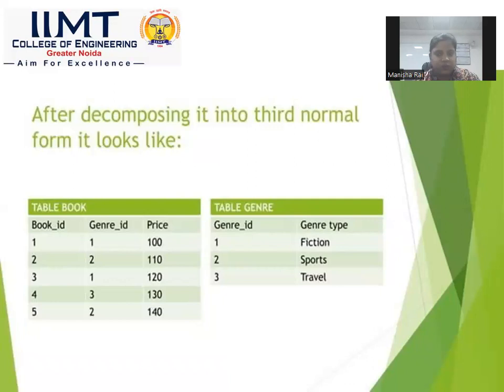In the first part, make an entry of the book, and in the second part, make an entry of the journal. In the first part, book ID will be our primary key, and in the second part, journal ID will be our primary key. Now we have removed the condition of transitive functional dependency. Right now our data is capable of representing itself in third normal form.